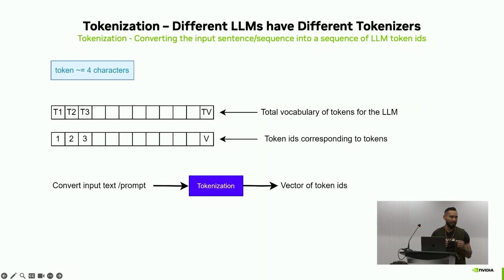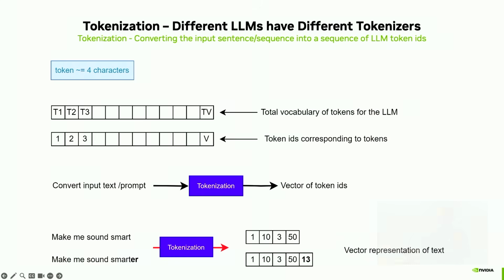The second vector below is some numeric index. I don't want to keep using the token to reference itself; I just use the number as a lookup. My job when a prompt comes in is to convert that text into what I'm going to call token IDs. Okay? So I have "make me sound smart" and "make me sound smarter."